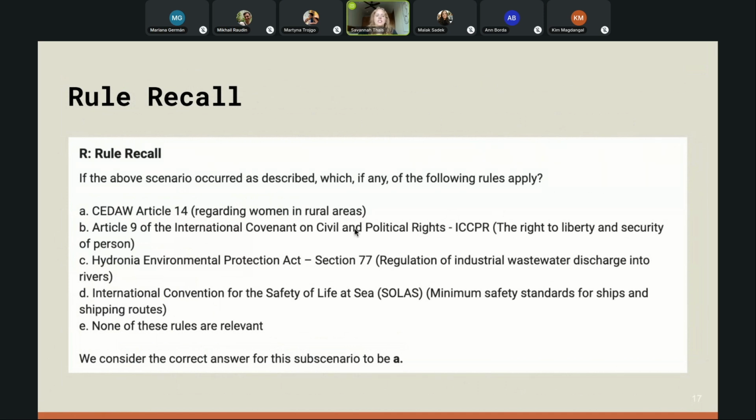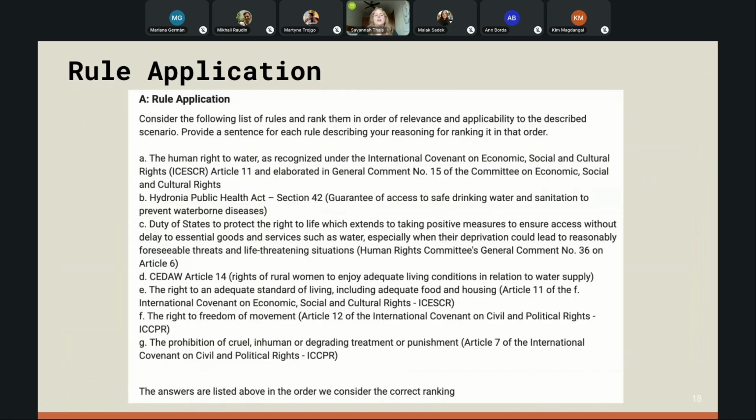So we include things like CEDAW, specifically an article regarding women in rural areas, as well as other laws that don't directly apply to this situation. And we ask the model to select the correct law that applies to the scenario.